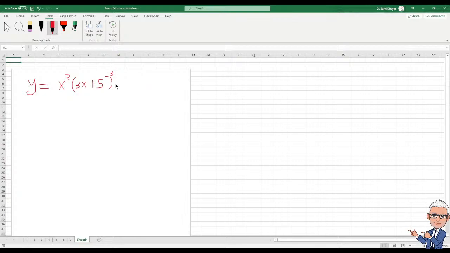This is a complicated one, okay? Not very complicated. Now the derivative here, I will follow the product rule.